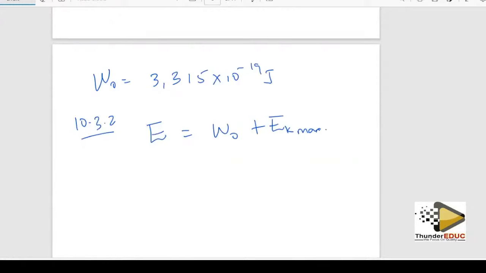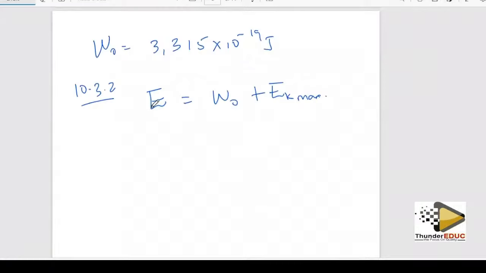We know that our E is going to be h multiplied by the frequency, which is equal to the work function plus the EK max. At the point of EK max, where we need our E, we can see that the frequency is 12.54.